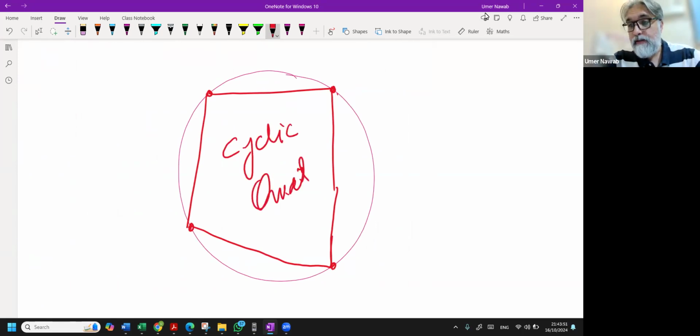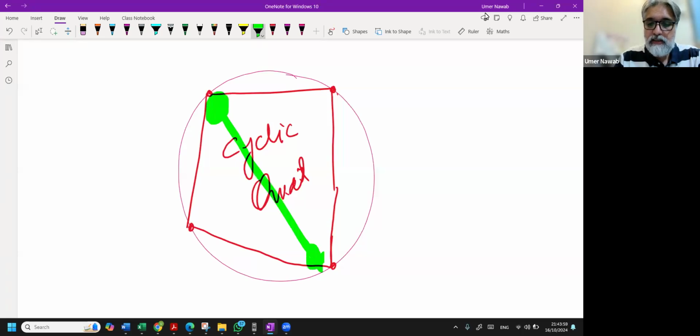And what is special about a cyclic quadrilateral? The opposite angles are supplementary. So the opposite to this angle is this. If this angle is x, then this opposite angle is 180 minus x.